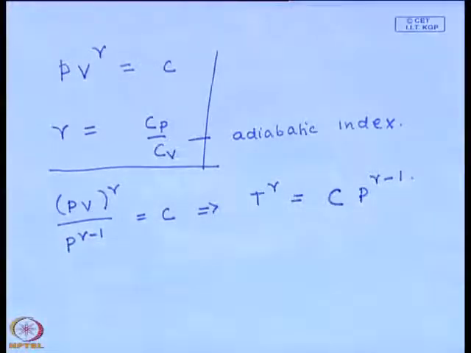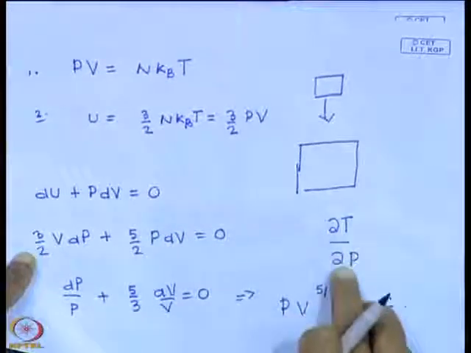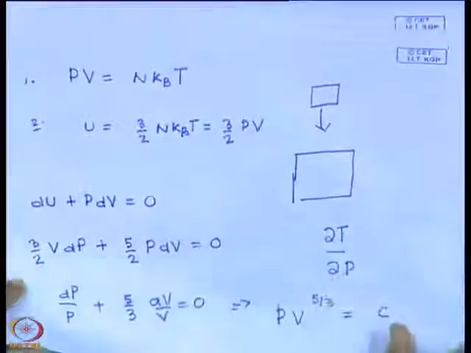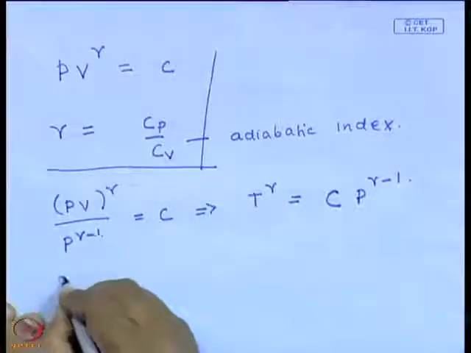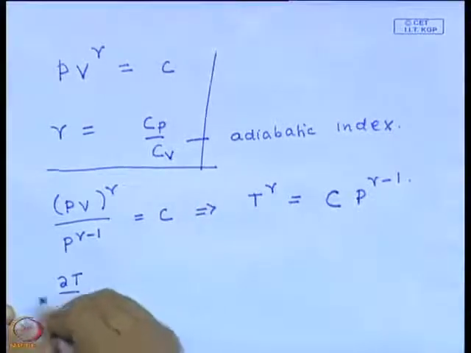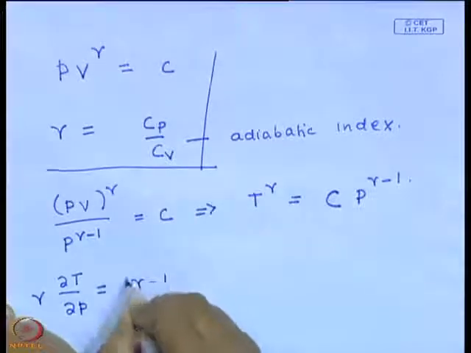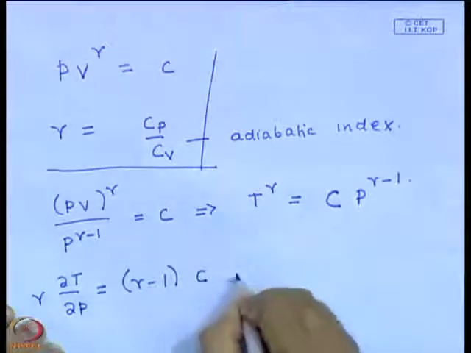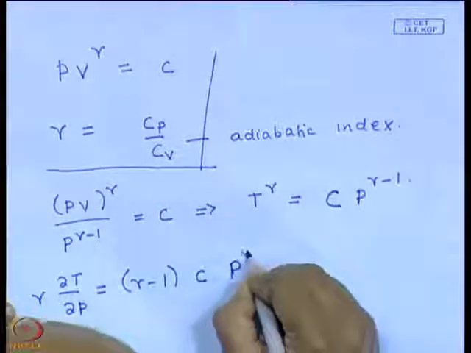And we can differentiate this now. We want del T del P, and if I differentiate it, what I will get is that del T del P into gamma is equal to gamma minus 1 C P to the power gamma minus 2.